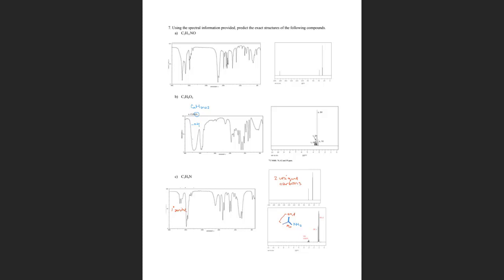Do you think there's any symmetry in this molecule? No symmetry. Okay, perfect.